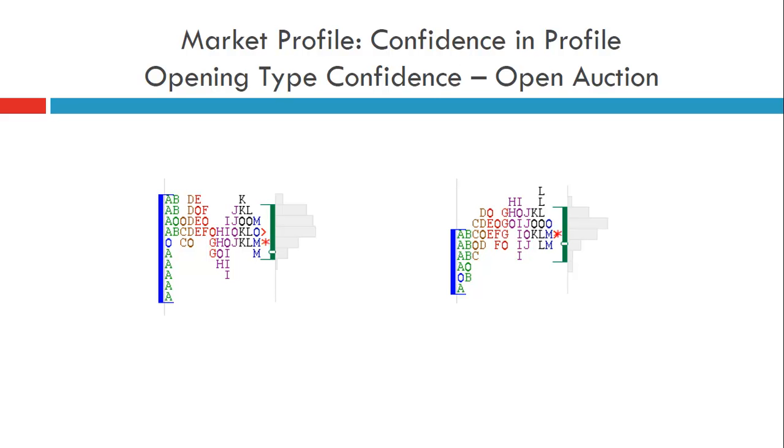Then you look at where the value area is. If you're seeing the value area is overlapping, then you would know that the chances of open auction forming are low. Whereas if you see the value area is trending, then you may get an open test drive.